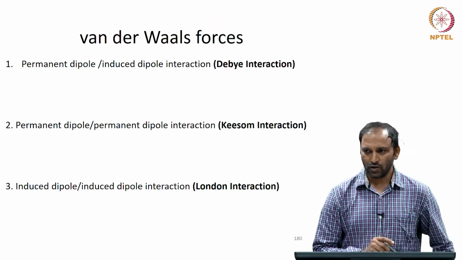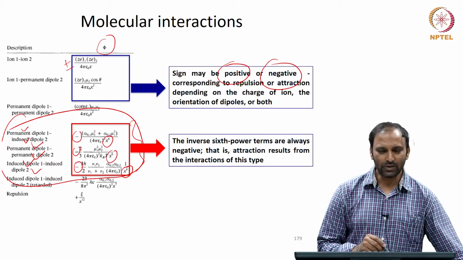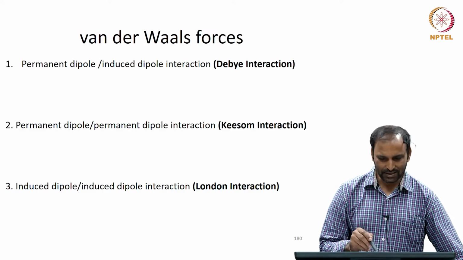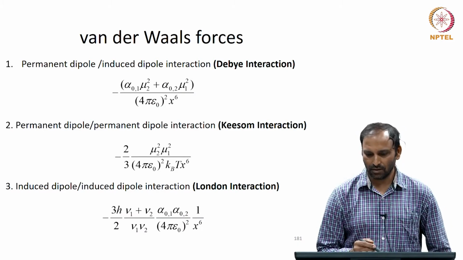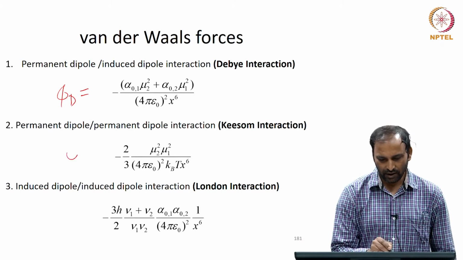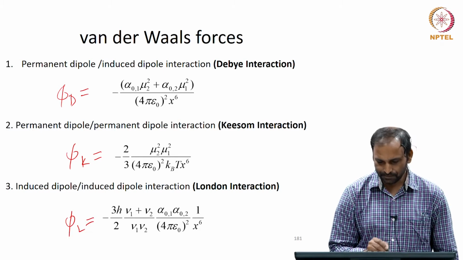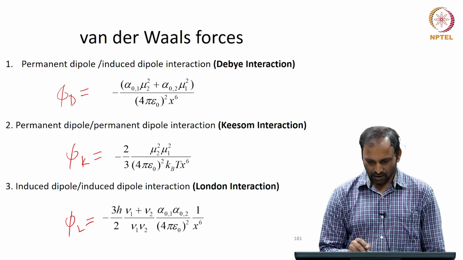These 3 entries, which are always attractive and have 1 over x power 6 dependence, are what are called van der Waals forces. That is your phi Debye, phi Keesom and phi London. Let us look at this.